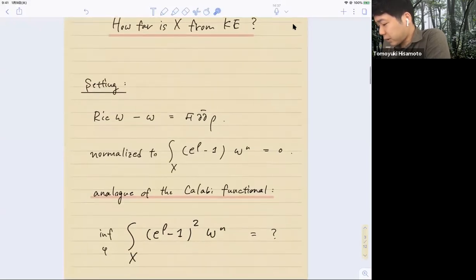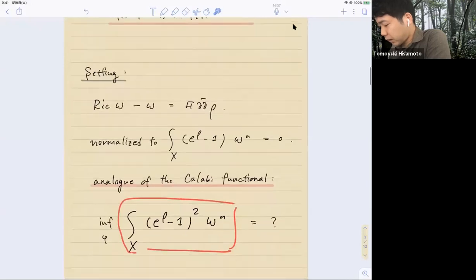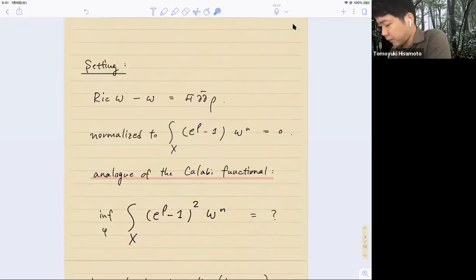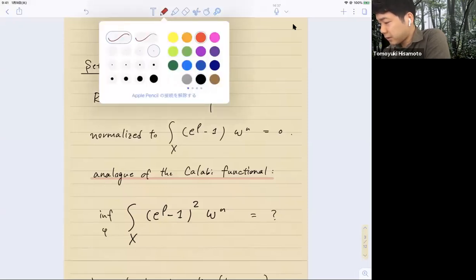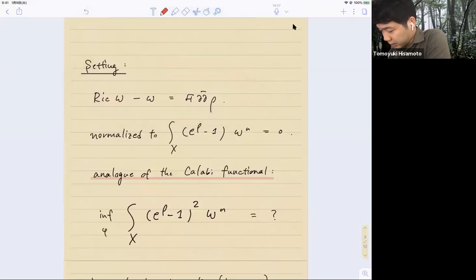And then we consider the integration of the square of e to the rho minus 1, this guy, and study the infimum of this functional over all Kähler metrics.